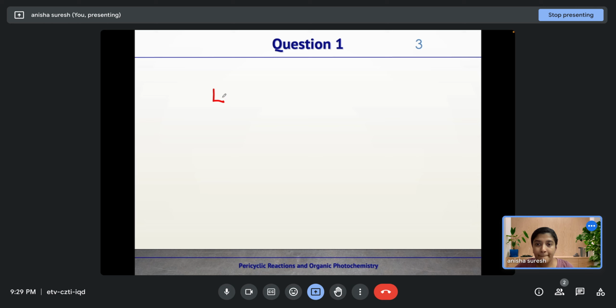So, we know that this is the 4 pi component and this is the 2 pi component. Since two ester groups are attached, this will be an electron deficient dienophile, and this is the diene.